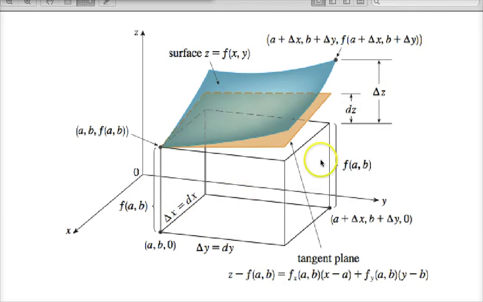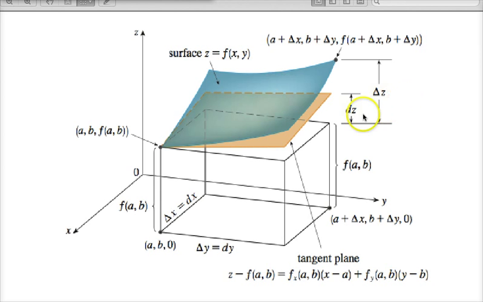So our ultimate goal in finding a total differential is to find the difference in this height right here. And this height corresponds to the height between the plane in the z-axis, through our initial point a, b, and the tangent plane through that initial point to our surface.